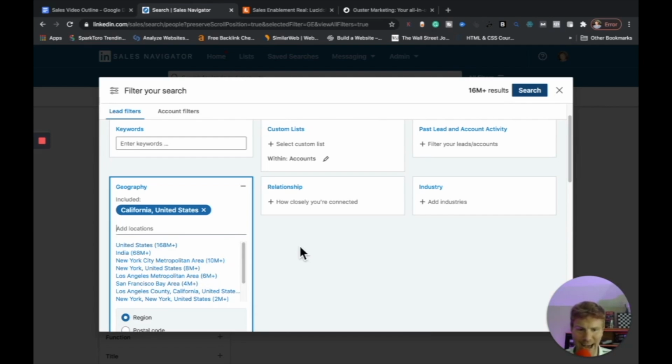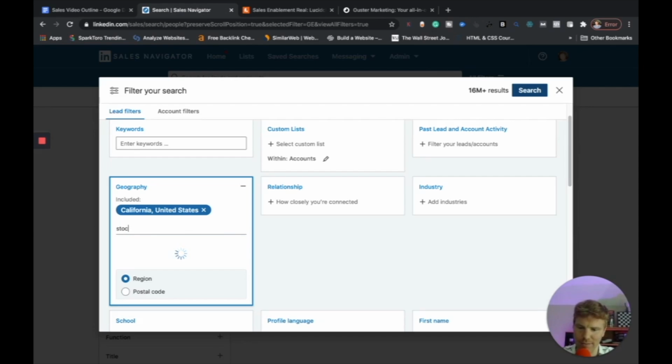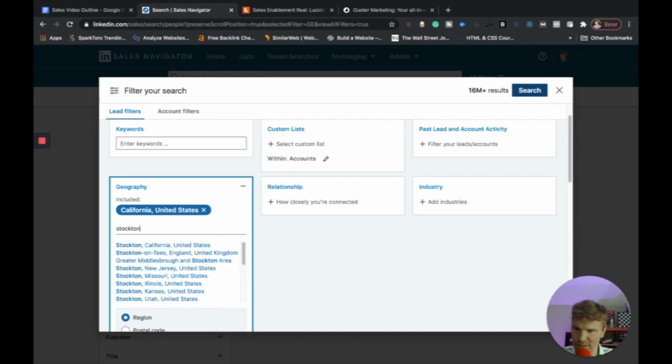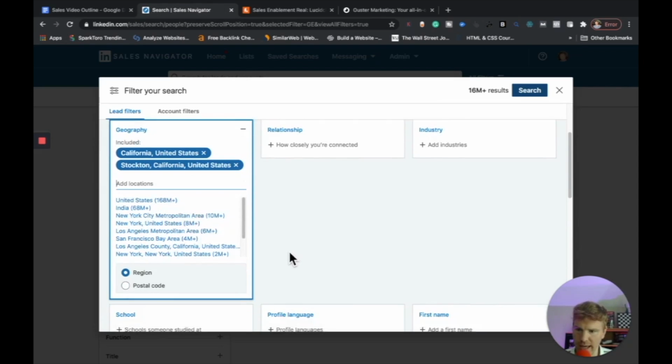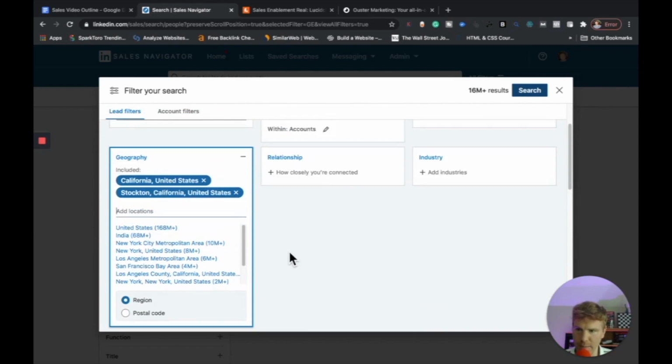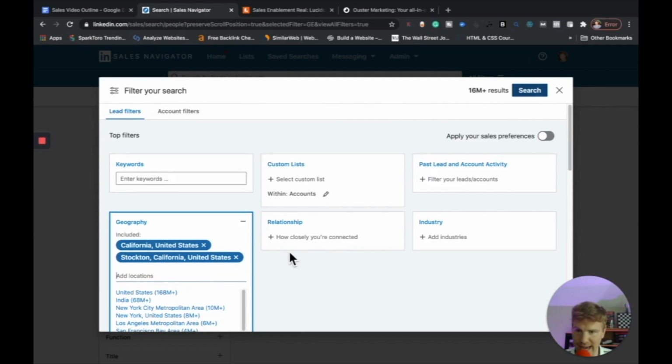We can get into towns. Let's say Stockton, California, right? It's not just states. We can get very, very granular with this targeting. So you're an infrastructure company targeting companies and decision makers in California.